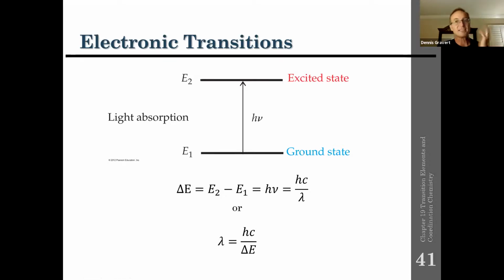And the rules are, nature makes the rules, that's rule number 1. But the rules are that if the energy difference between one orbital and the other exactly matches the energy of the light ray, then the light can be absorbed. And if the light doesn't exactly match the energy gap, the light will just pass through. It'll be transparent to that wavelength of light, that amount of energy of light.